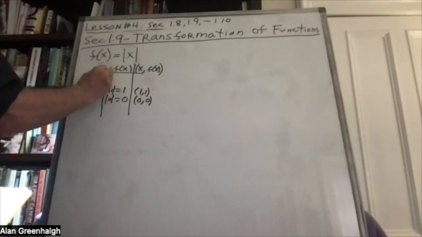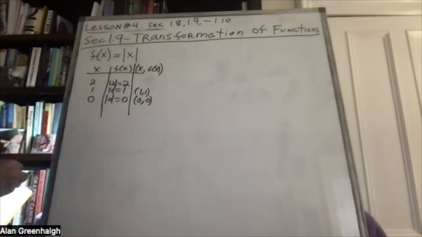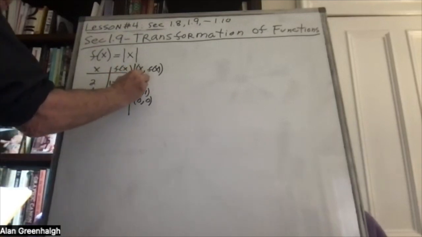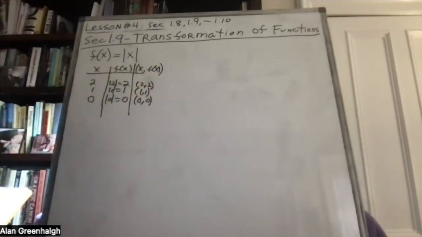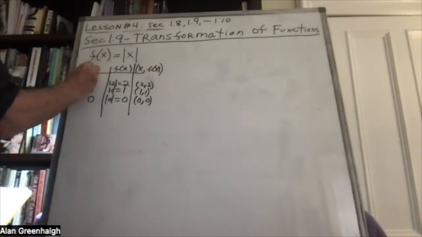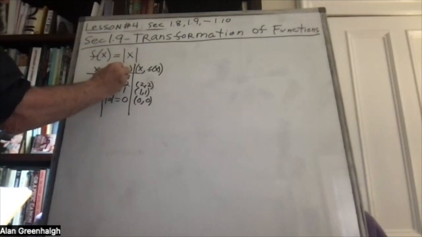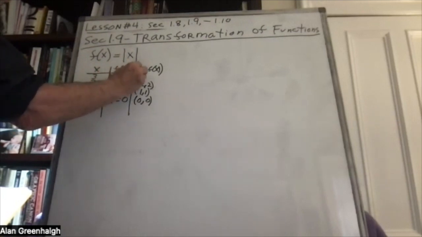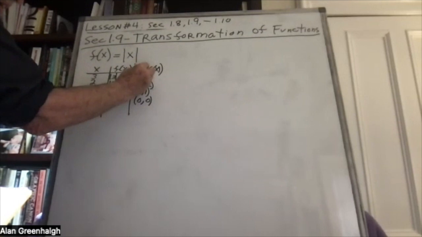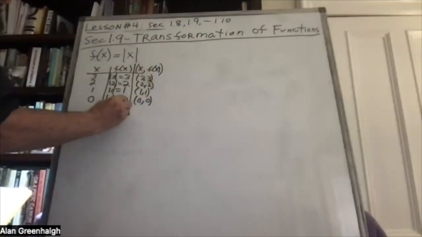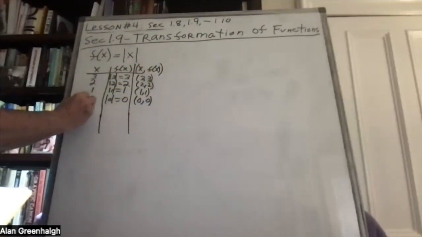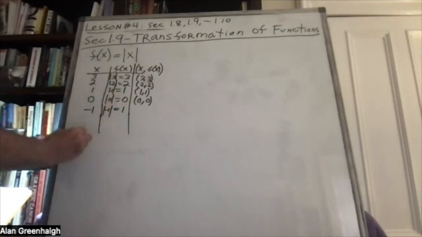When x is equal to 2, the absolute value of 2 is 2, and that point is the point 2, 2. Very interesting. 3, the absolute value of 3 is 3. This is the point 3, 3. Wow, very interesting, right? When x is negative 1, the absolute value of negative 1 is 1.